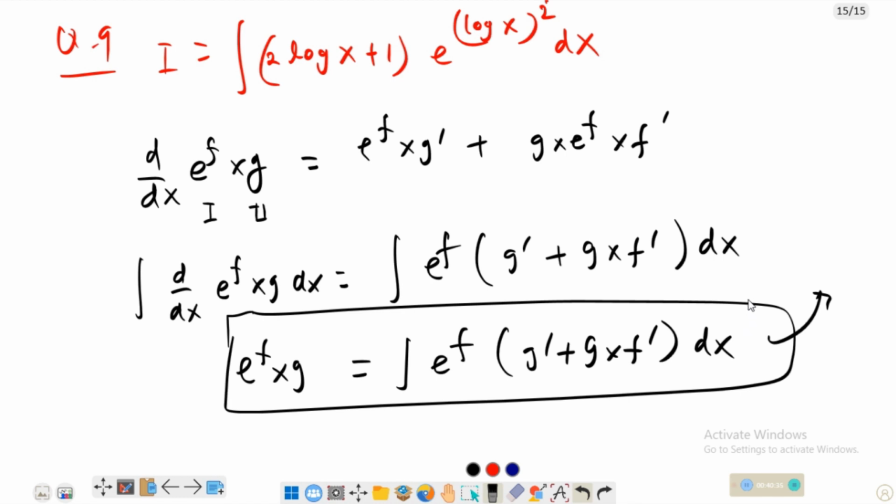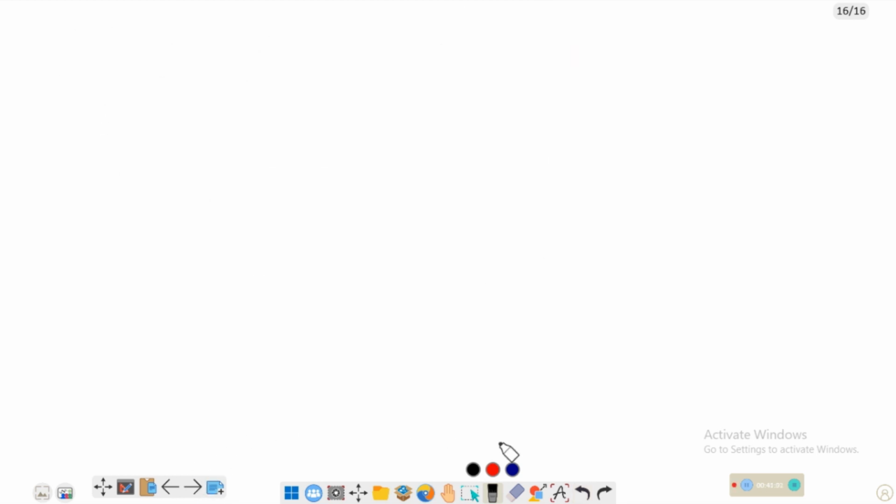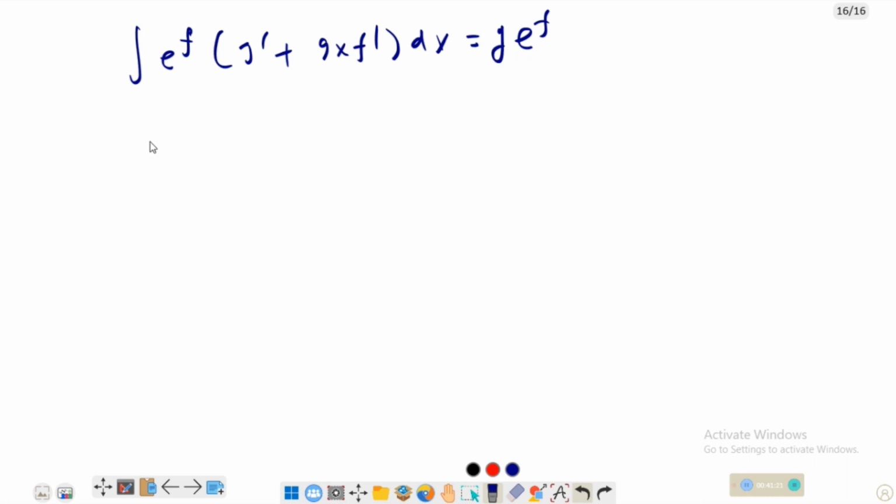Here we need to find g. If we compare this integral and this integral, we see that my question is the integral of (2 log x plus 1) e to the power (log x) whole square dx.